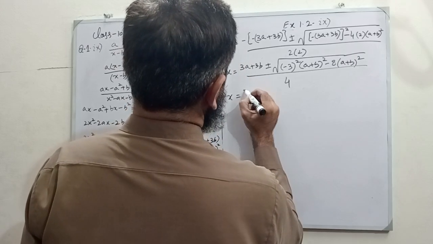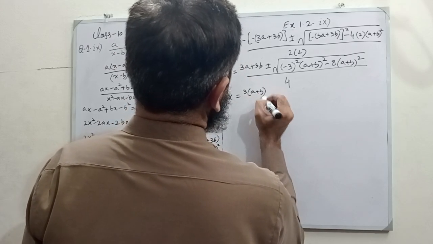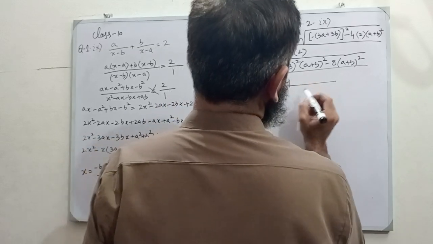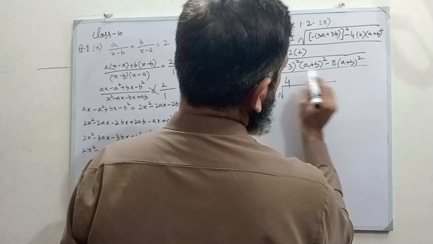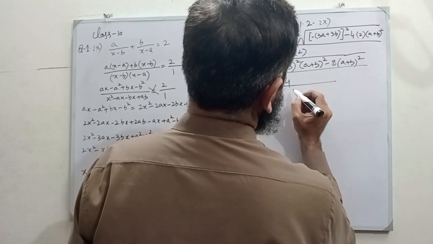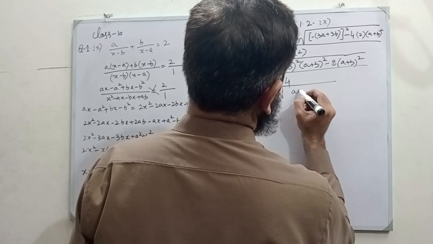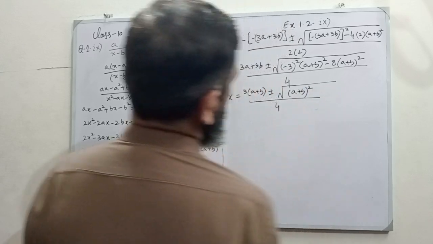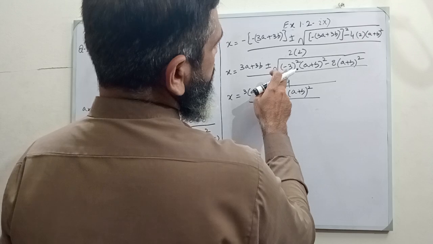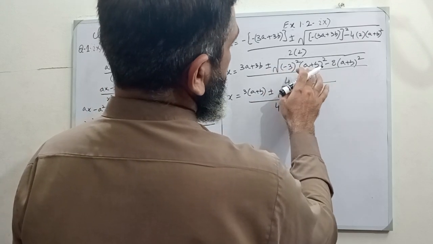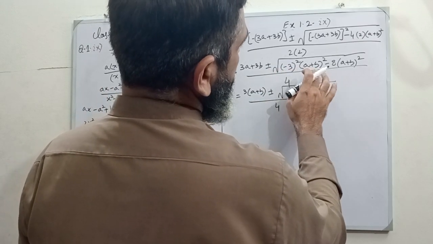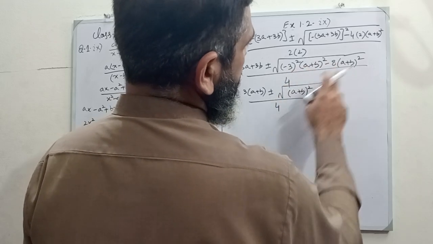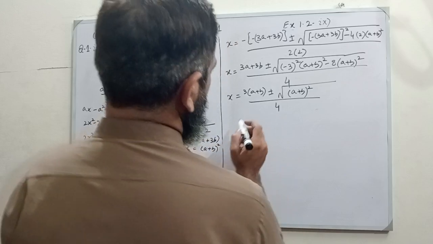This one can also be written as a plus b whole square, it becomes 9 minus 8, so it becomes only a plus b whole square over 4, because this is the coefficient of a, which means 9 a plus b whole square and minus 8 minus 9, so it will be 1, and a plus b is a whole square.